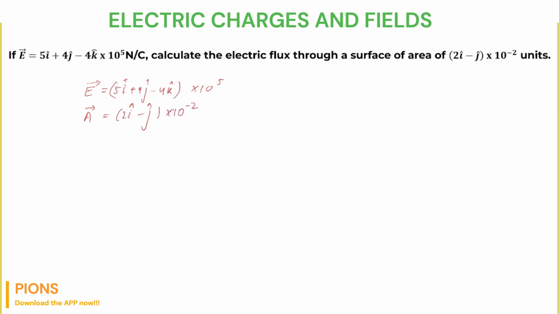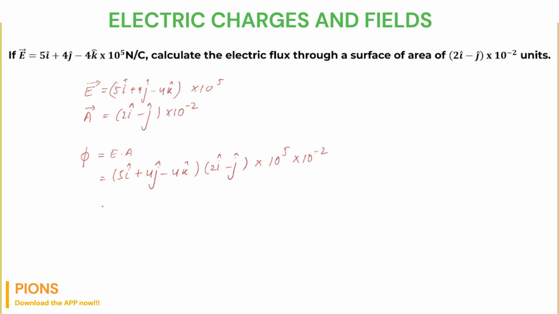Again I am repeating, this area is the normal. So if it is in normal case, phi will be equals to the dot product of E dot A. So here it will be 5I plus 4J minus 4K multiplied with 2I minus J multiplied with 10 to the power 5, and I am just keeping the powers together, right?